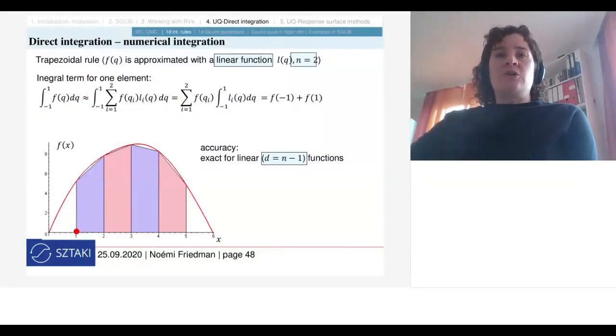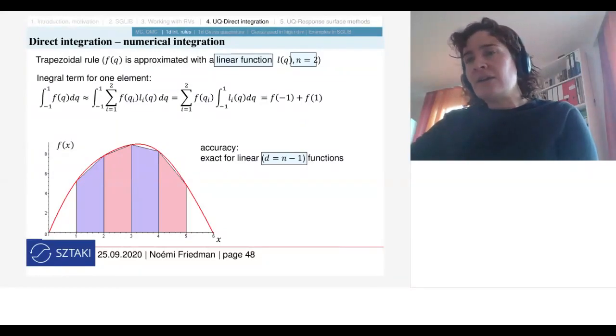And if I use 2 points, so a 2-point rule, then I write a linear approximation of the function with those hat functions.